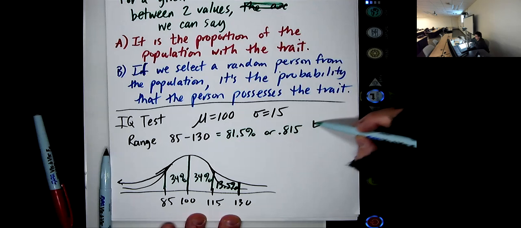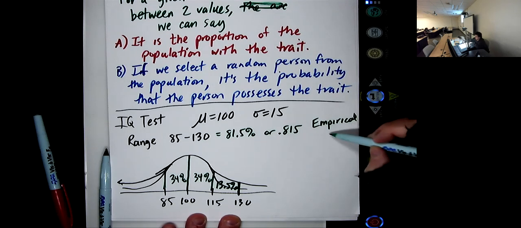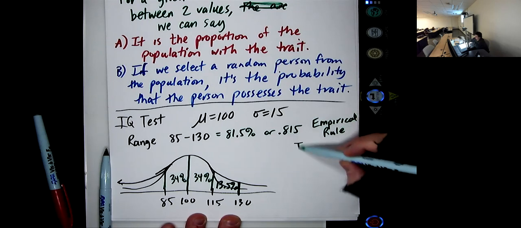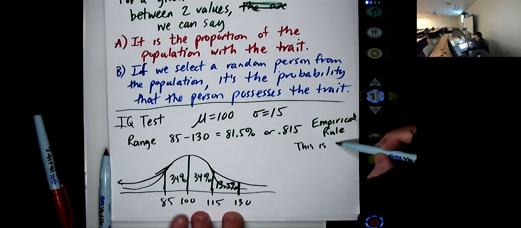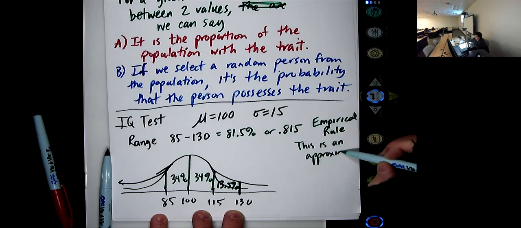The empirical rule. This is an approximation. We're going to see what it actually is in a second on StatCrunch.